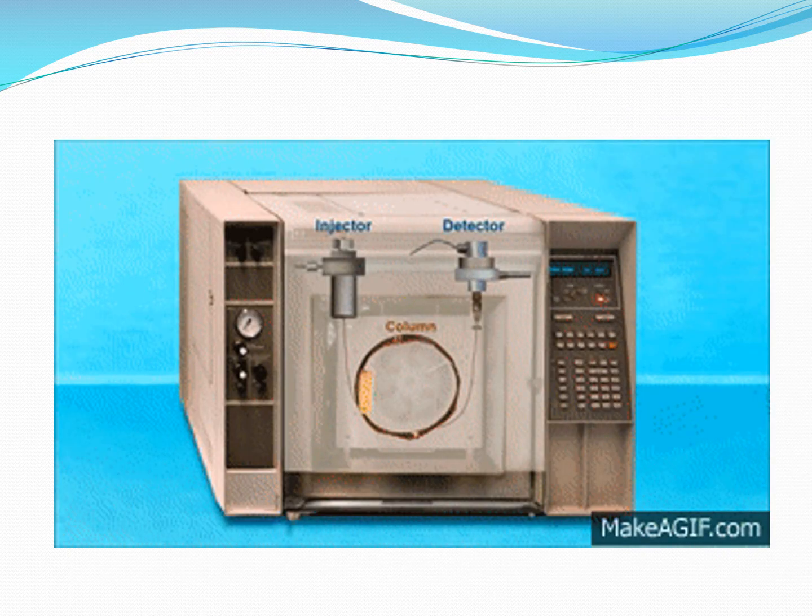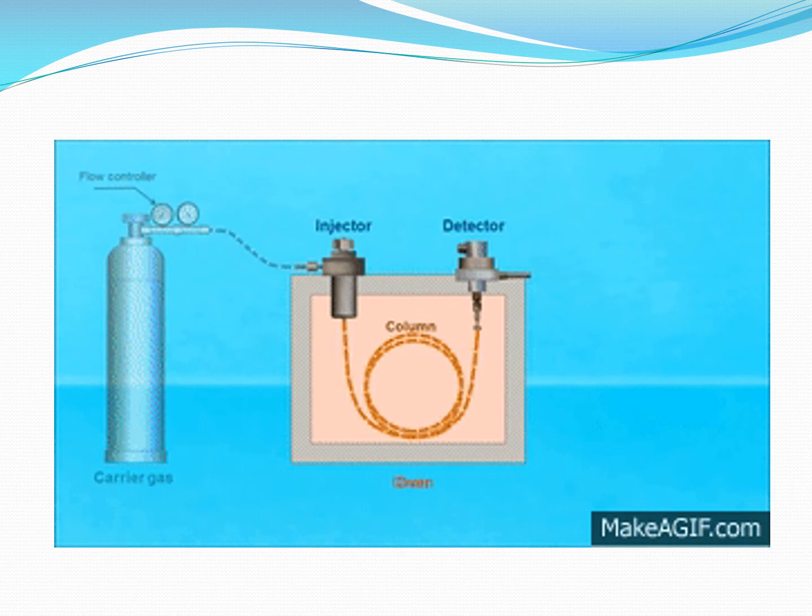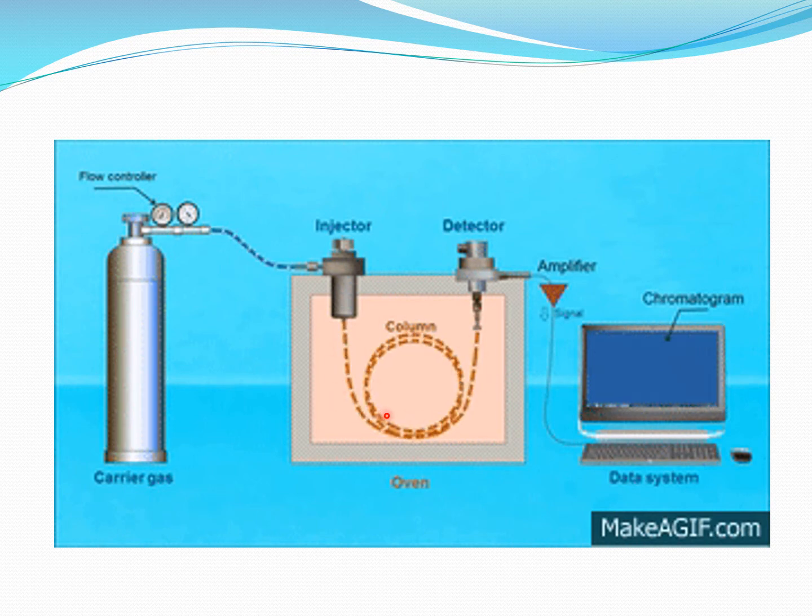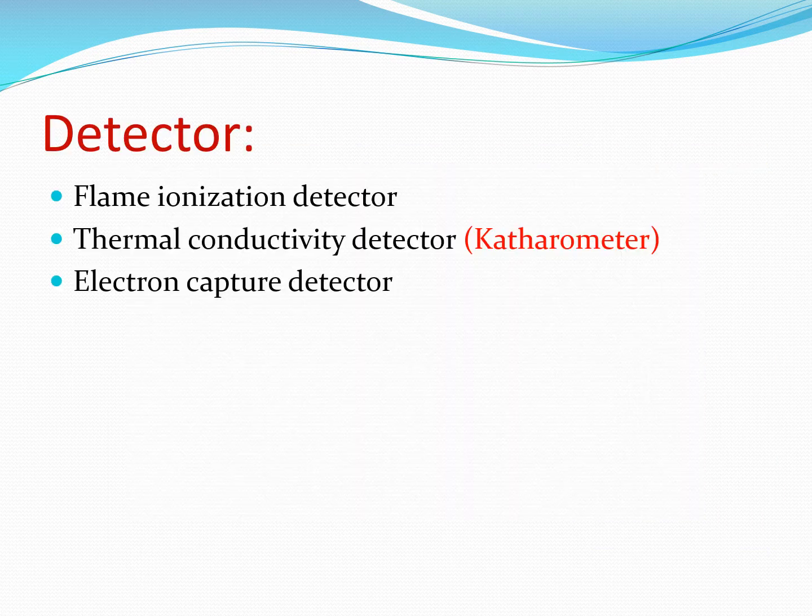Now here is the picture of the apparatus itself and its different components. Again, the carrying gas is present and the sample is injected through this injector port, and this is the column. Then after the sample is separated into its different components, the detector here will write the graph on the computer side of the machine. Now, the detector could be either a flame ionization detector, a thermal conductivity detector, which is called the katharometer, or the electron capture detector.